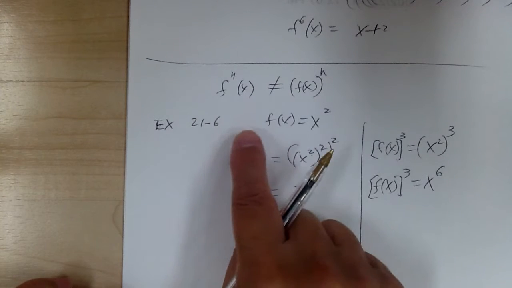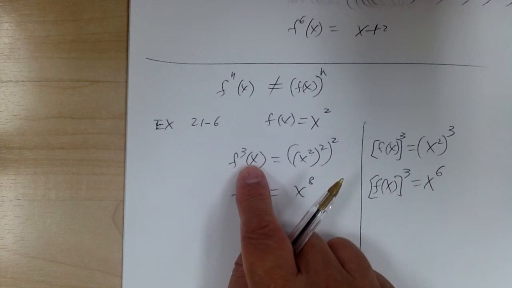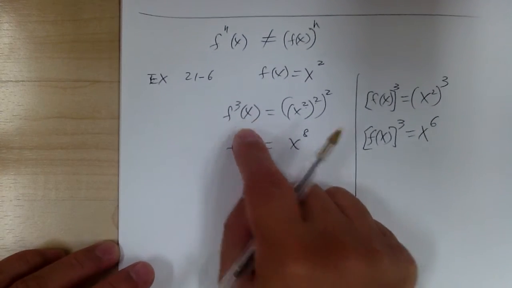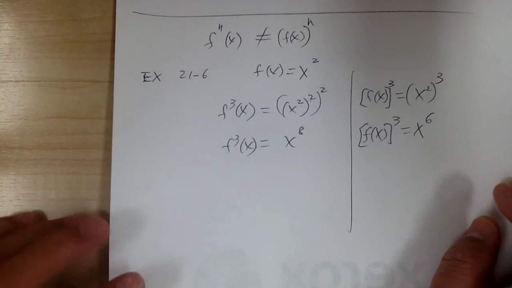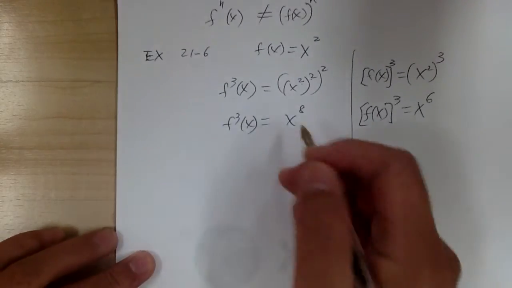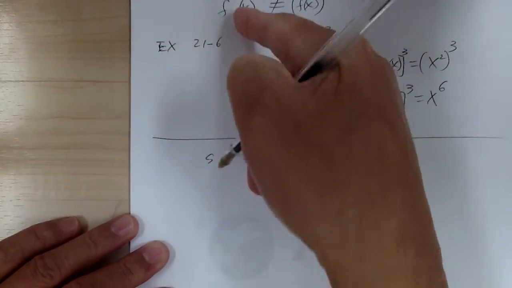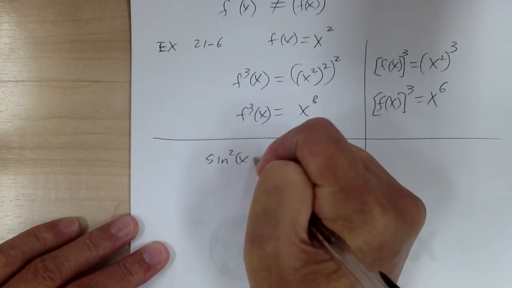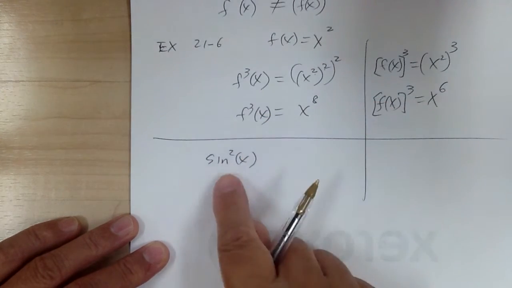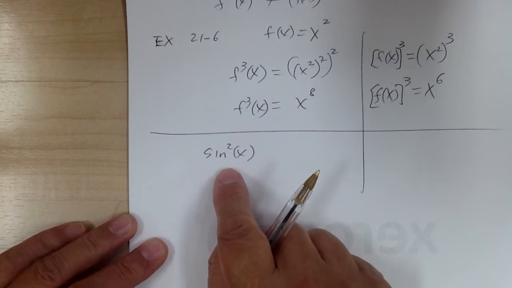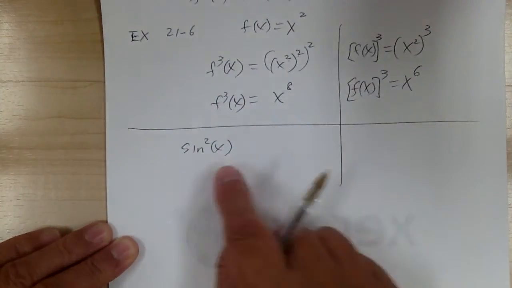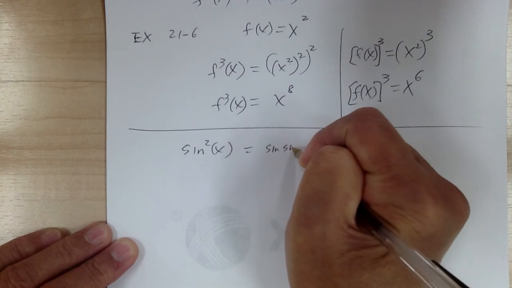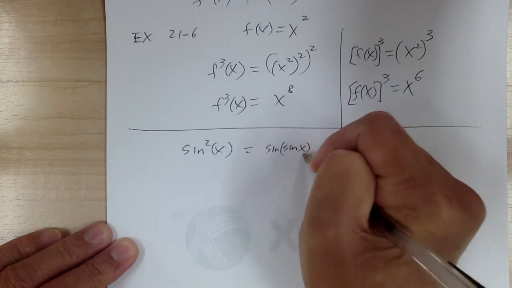But this notation does not always work this way. In the warning, it gives you the sine function. So according to this, sine square of x, the sine trigonometry function is used differently. Technically, if you follow that, this would be equal to sine of sine of x.